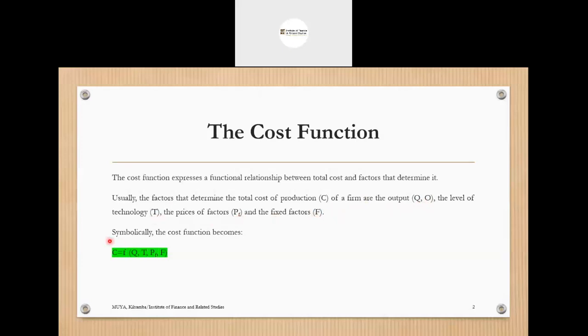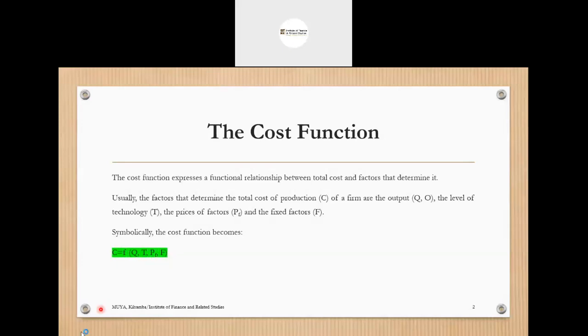And as such, we can symbolically express the cost function as C is a function of Q, T, PF, and F. Remember, C is total cost, Q is output, T is technology, PF is prices of factors of production, and F are some fixed factors.